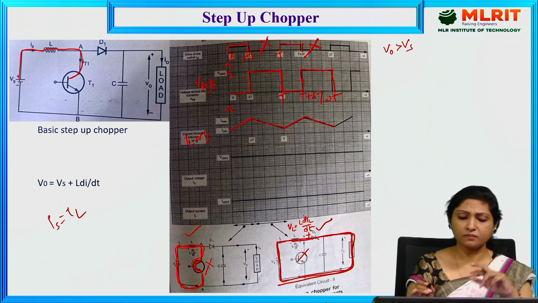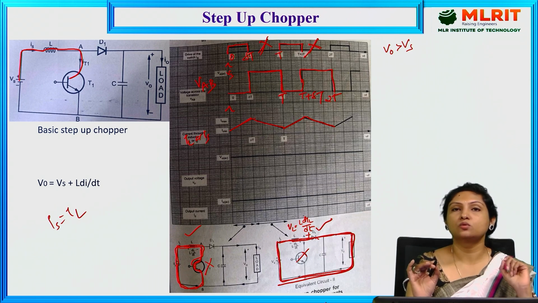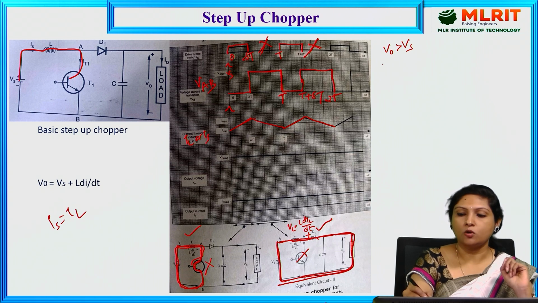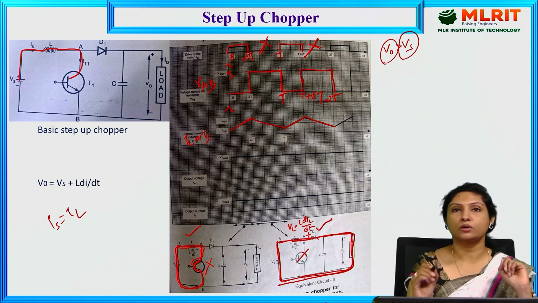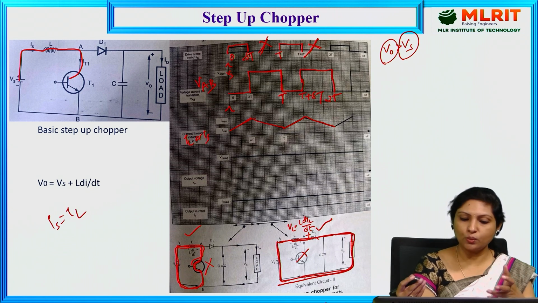And now, if you observe the waveforms of V0 average as well as I0 average, they are almost continuous and ripple free. And if you observe, the output voltage is greater when compared to the supply voltage as well. Okay, how could we achieve this?